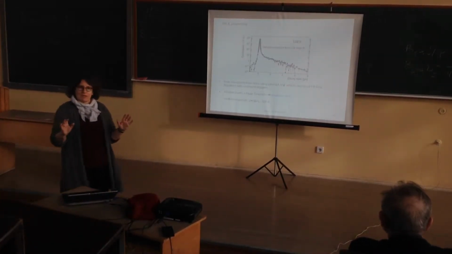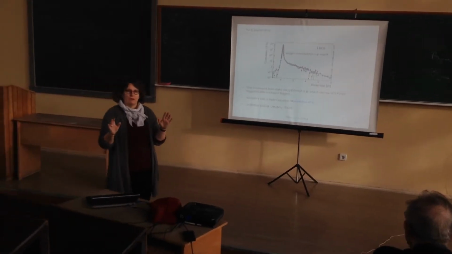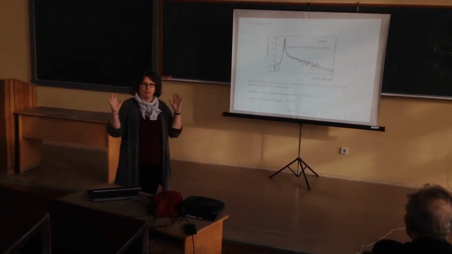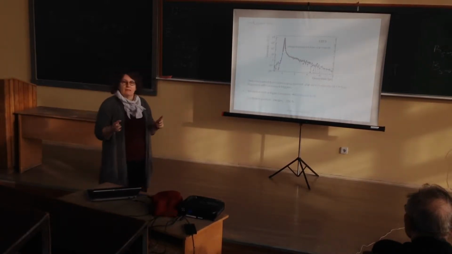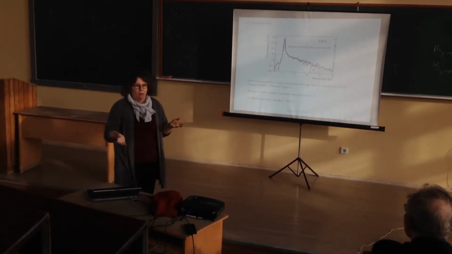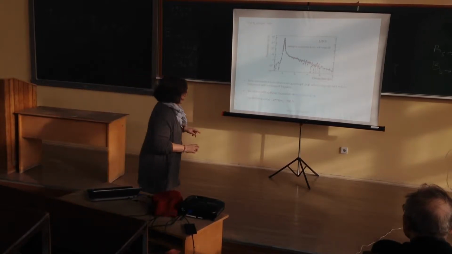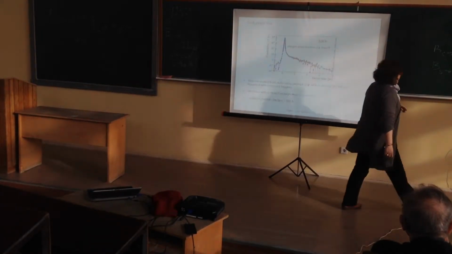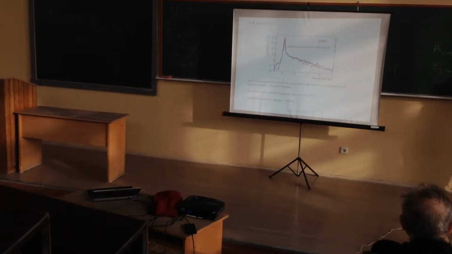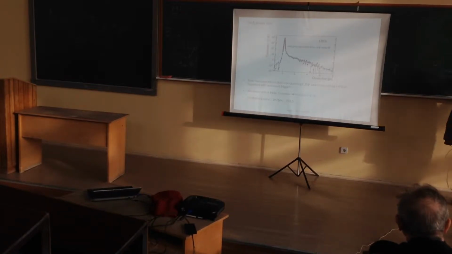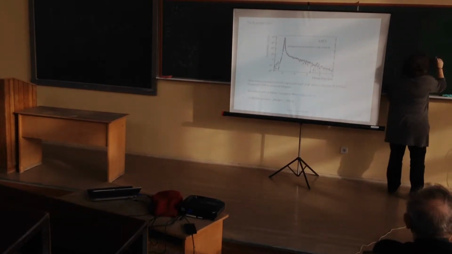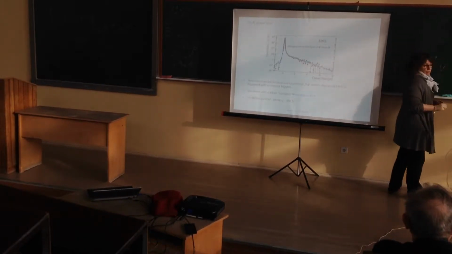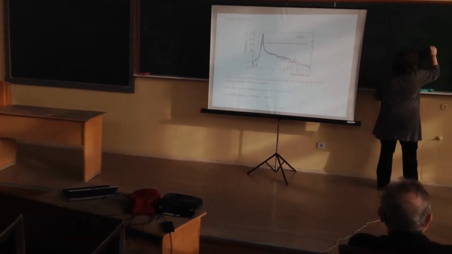Okay, so first step. We know how to recognize if we have produced a Bs or a Bs bar. Then we have to measure its decay time, so this is much easier. What we do, we have the primary vertex where the two protons collide.